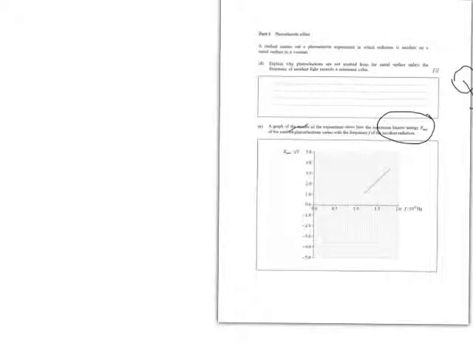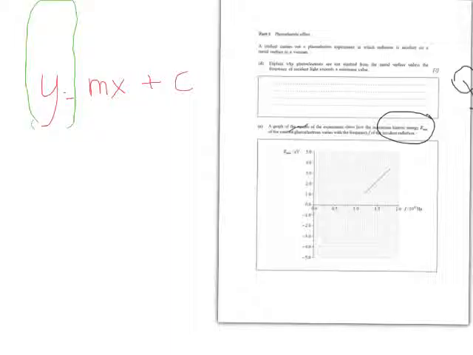If we look at Einstein's equation more carefully, we can see that it follows a linear path. So if we put kinetic energy on the y-axis, and indeed it is on the y-axis, and the frequency on the x-axis, as you can see that it is, then you can get two very important pieces of information from the graph.